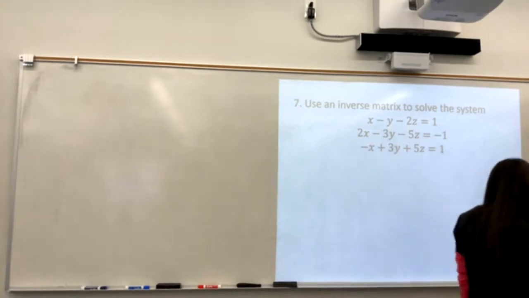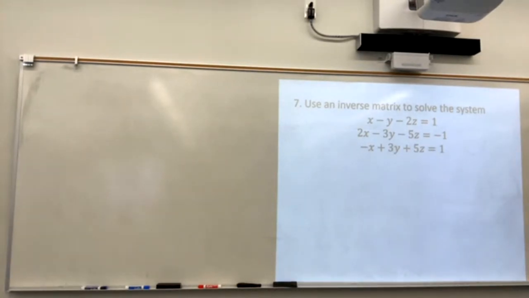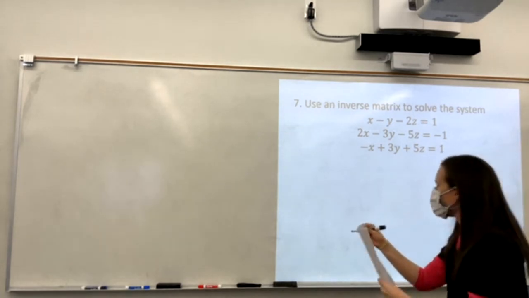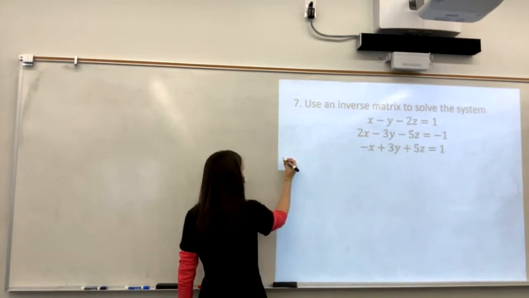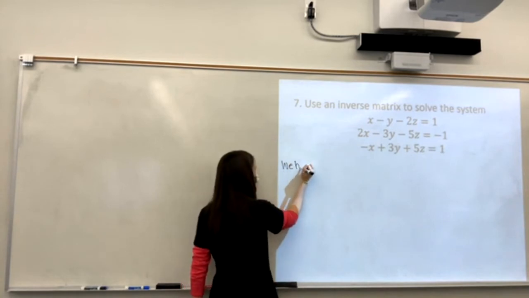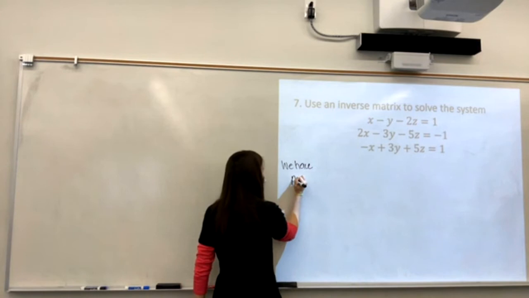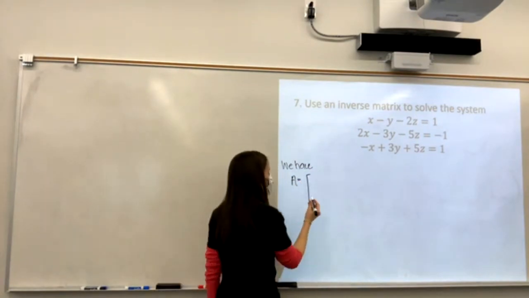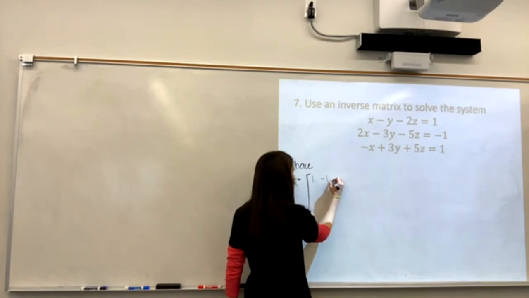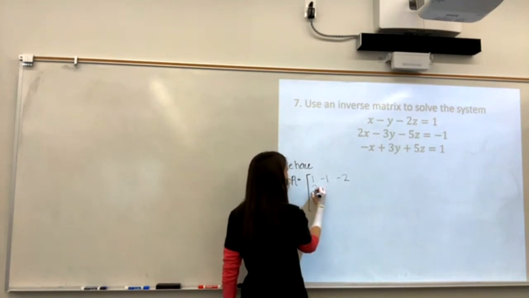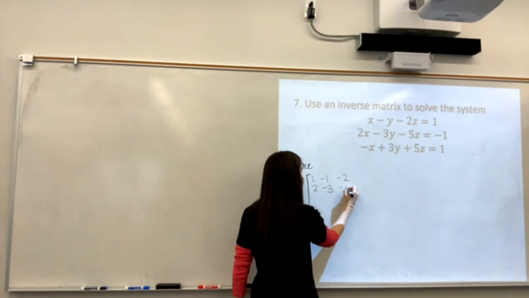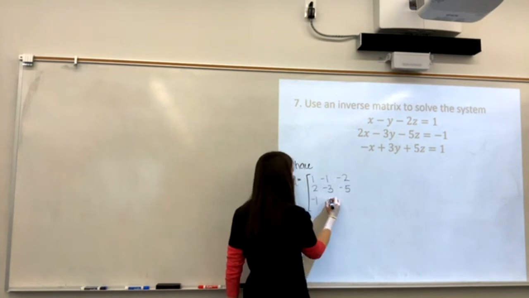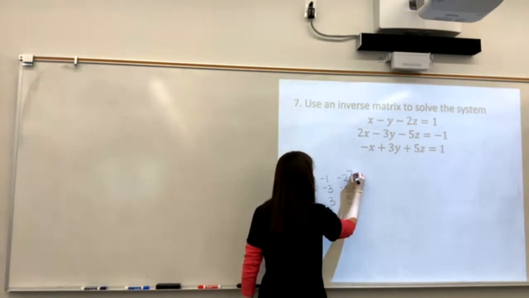Okay, so use an inverse matrix to solve this system. All right. So let me make sure there was a typo that's been corrected. Okay, good. All right, so what's our matrix A? So our coefficient matrix A is 1, -1, -2, 2, -3, -5, -1, 3, 5.